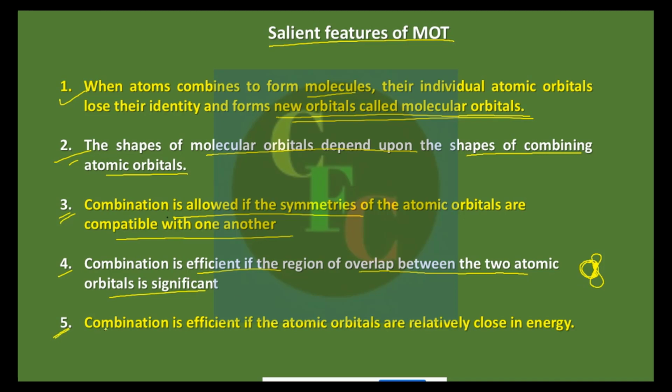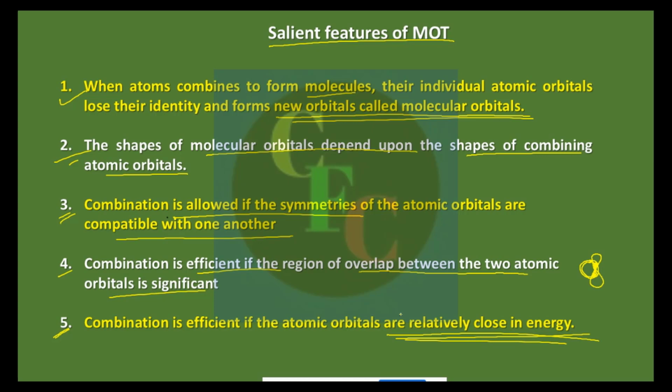Now this fifth point: the combination is efficient if the atomic orbitals are relatively close in energy. This is important. You cannot just combine 1s with 5p. Theoretically you can do this kind of combination, but practically it has no significance because they are far apart in energy.